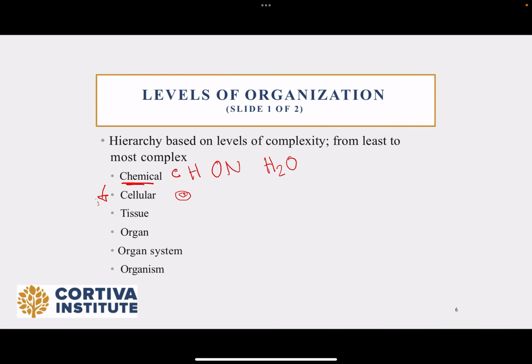Once we have that basic knowledge about what the cellular level is, we're going to go to tissues. Why? Several cells are going to come together and work together. They have something in common, so then that will become a tissue. Once several tissues have something in common and want to work together, they're going to become an organ. When several organs come together to work together, they become an organ system.